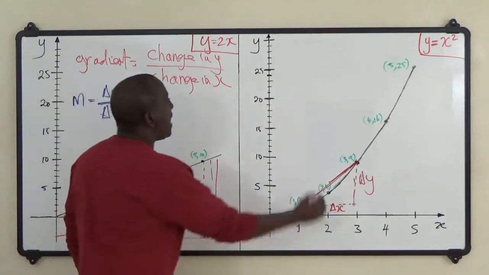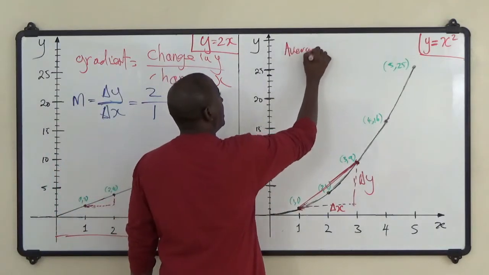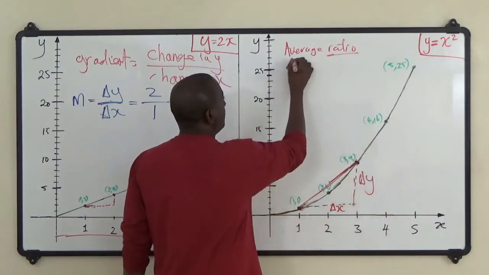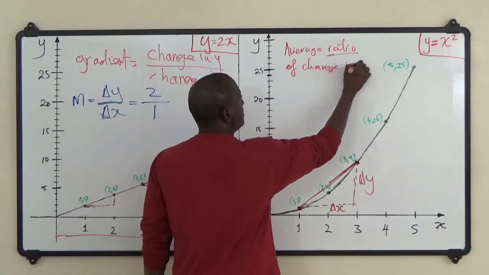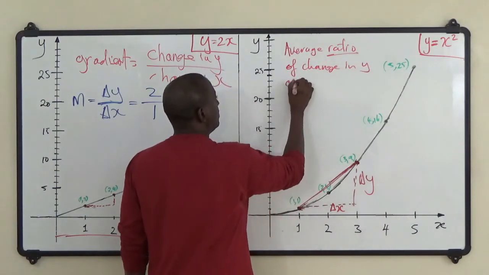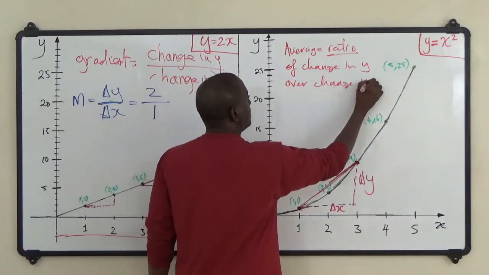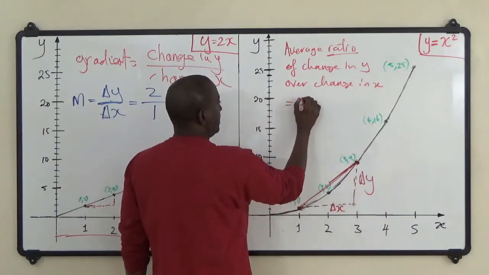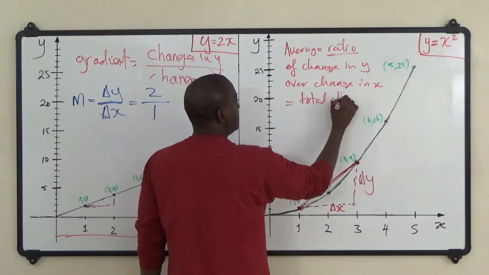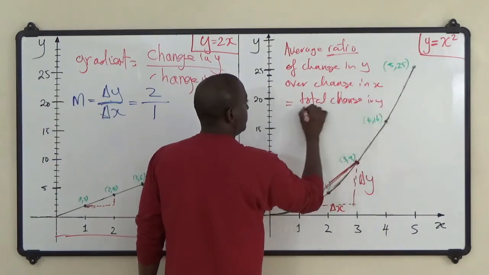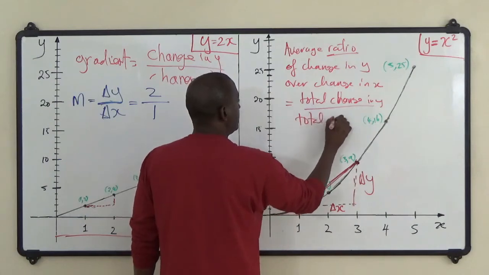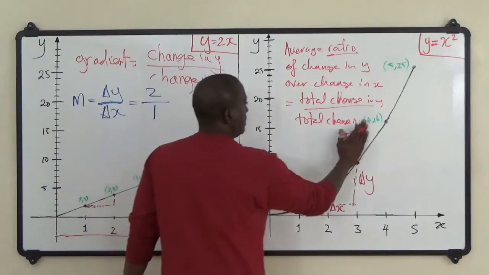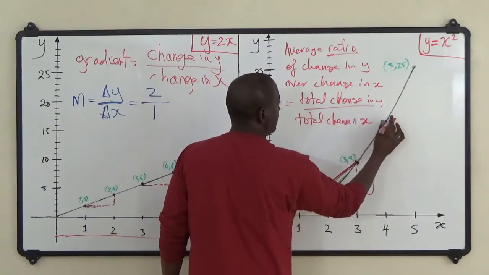So the average ratio, very important, of change in y over change in x will be equal to the total change in y over the total change in x. This is the point (4, 16).